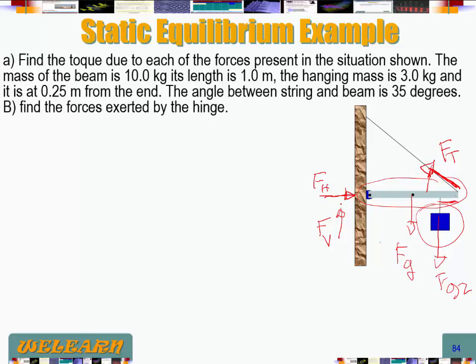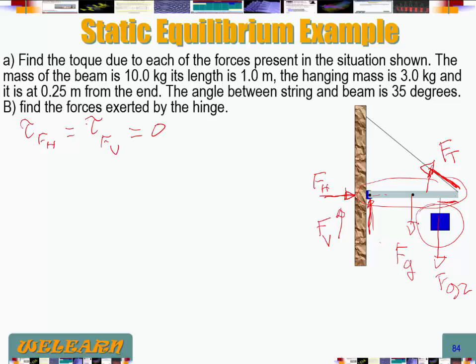So if we choose the pivot point here, the torque due to Fh is going to be equal to the torque due to Fv, and it's going to be equal to 0, because the vertical one is acting just below here and the horizontal one is acting just here. Both of them have a line of action that goes through the pivot, making their lever arm equal to 0, so their torque equal to 0.